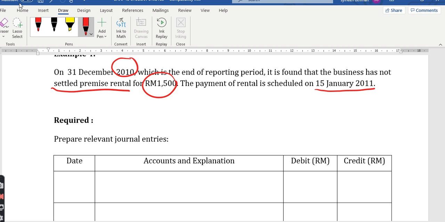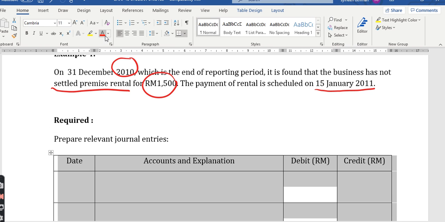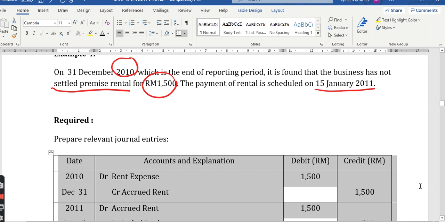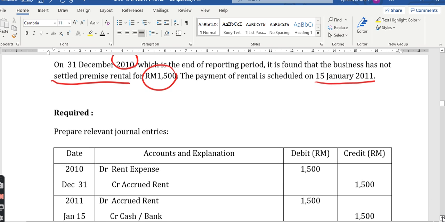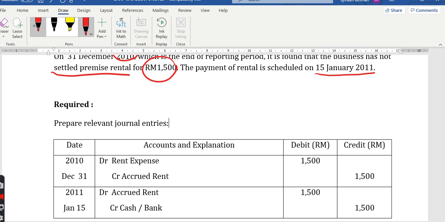So on 31st of December 2010, I will debit rent expense or rental expense, but since no payment has been made yet, I will credit accrued rent, or I can also use rent payable.